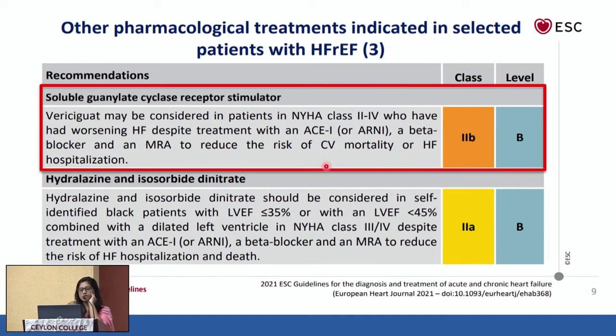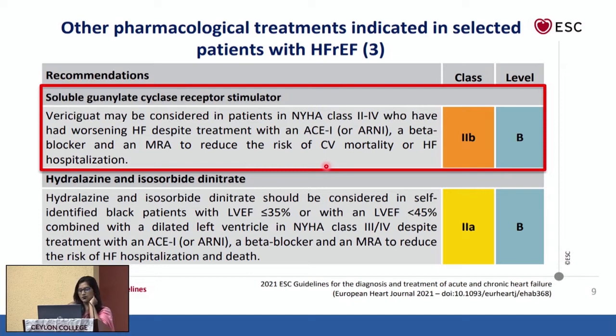Now, this soluble guanylate cyclase receptor stimulator may be considered in patients with NYHA class 2 to 4 who have had worsening heart failure despite treatment with an ACE inhibitor, a beta blocker, and a mineralocorticoid receptor antagonist, that is our optimal medical therapy.